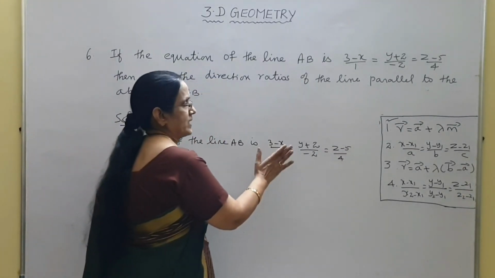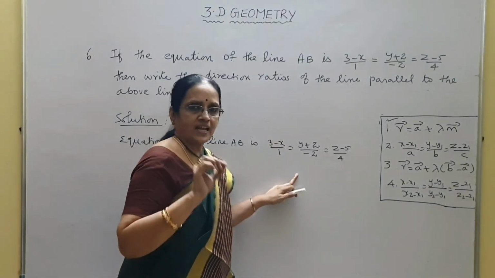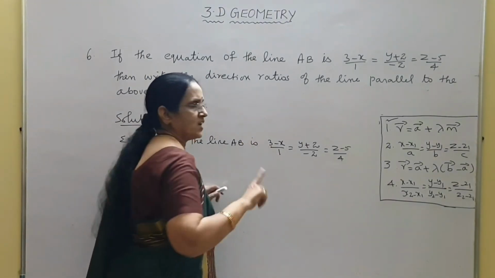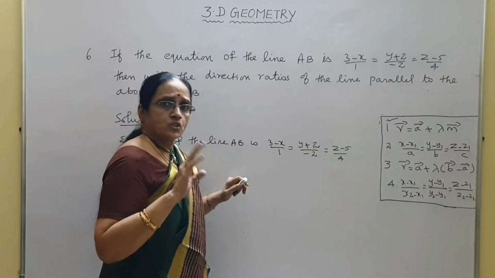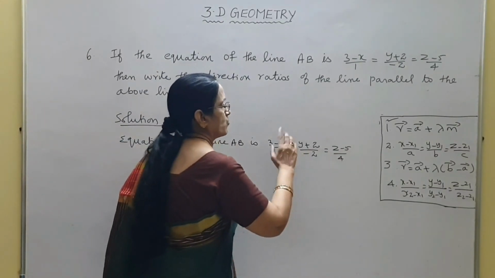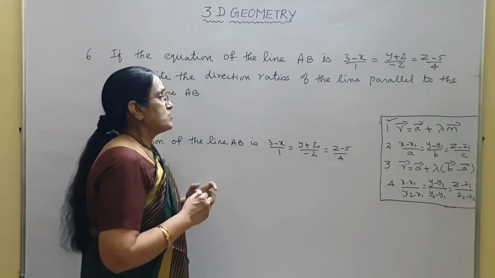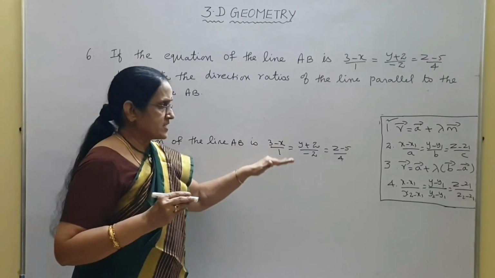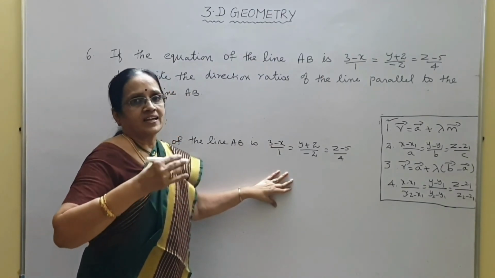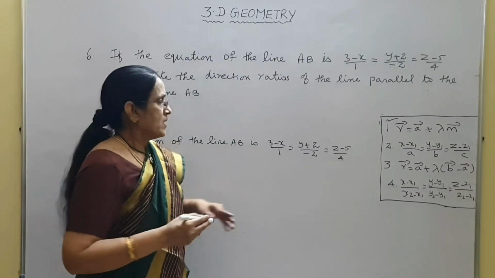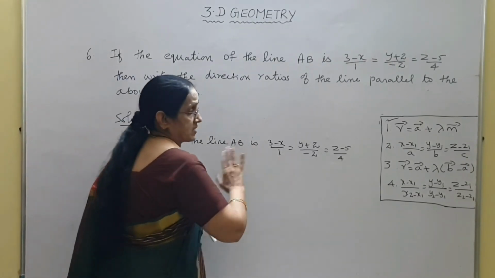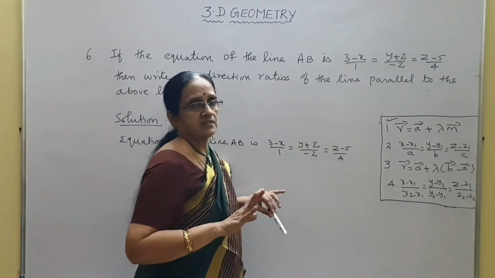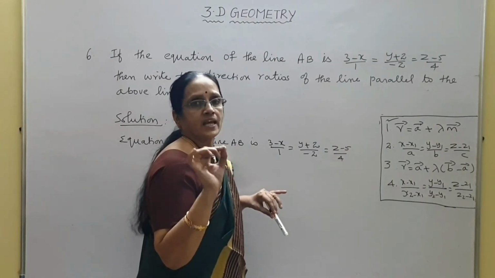Looking at it, you can easily say the given equation of the line AB is not in standard form because the coefficient of x is not 1, though the coefficients of y and z are 1. So our aim is to make the coefficient of x 1. First let us do it, only then we can write the DRs. By looking at it, just like that you cannot write 1, minus 2, 4 as the DRs of this line. So you have to be very careful.